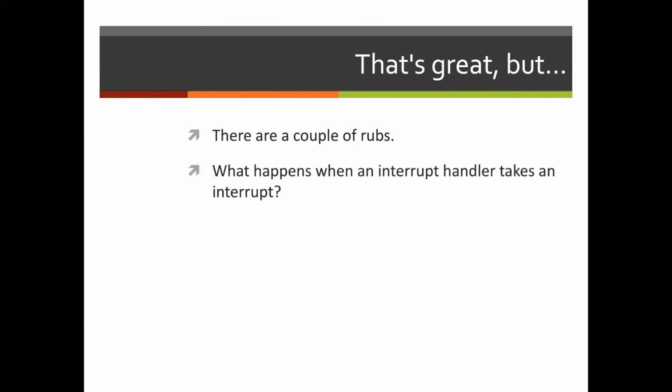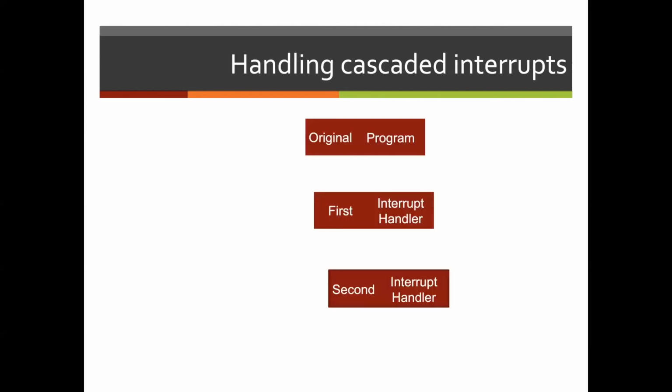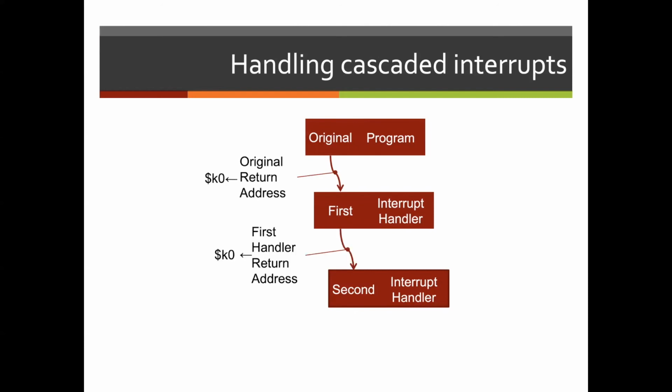But we also need to consider what happens when an interrupt handler takes an interrupt. And so how can we handle or anticipate this? Let's take a look and understand the problem that could occur. So let's consider that if we have a simple interrupt handler, and then there is another interrupt while we're servicing the current interrupt, then this could result in the program counter value being lost in the original program in our register K0 address.